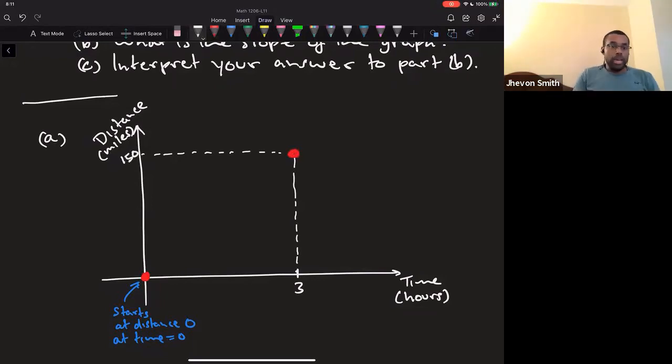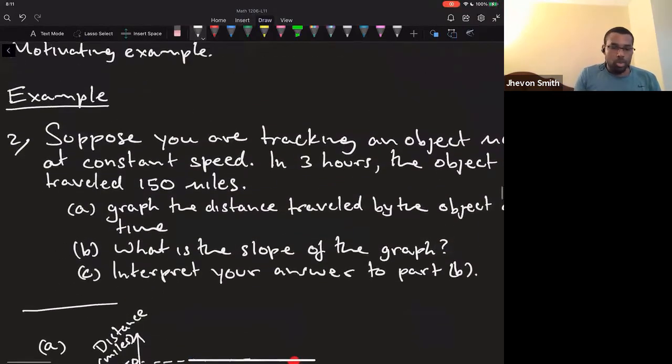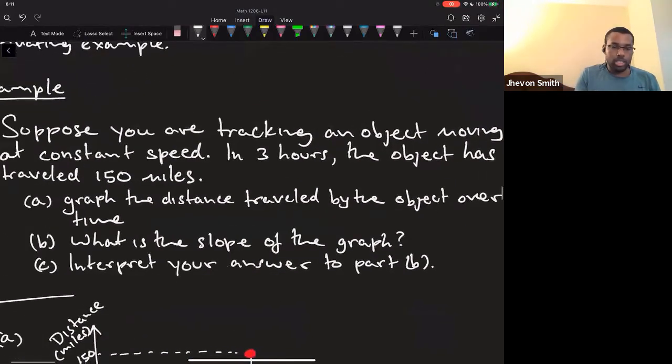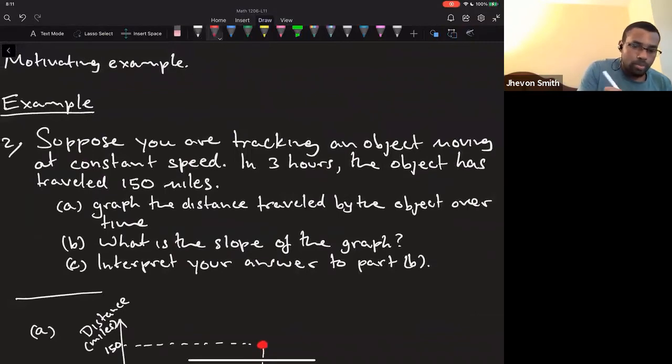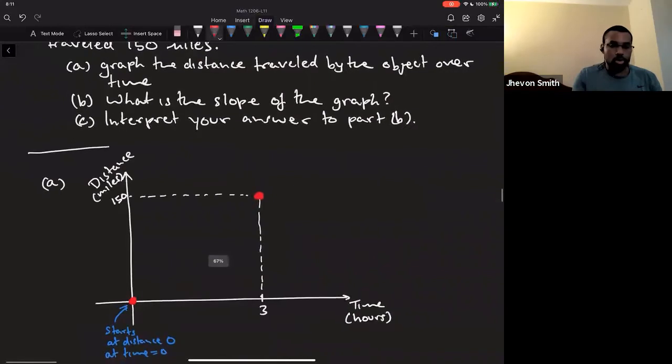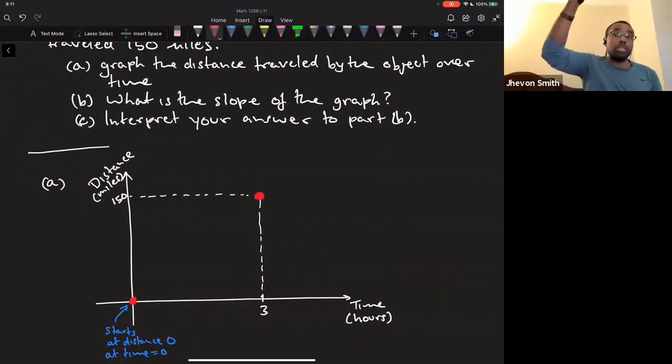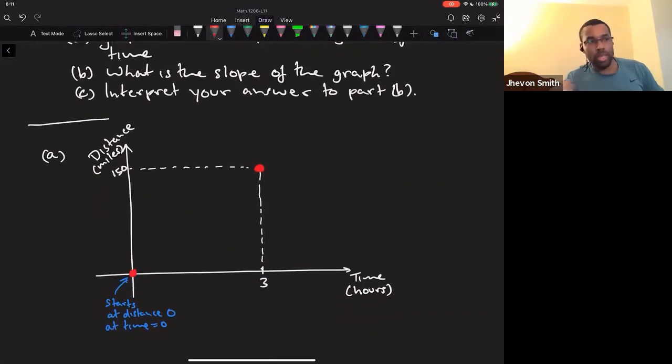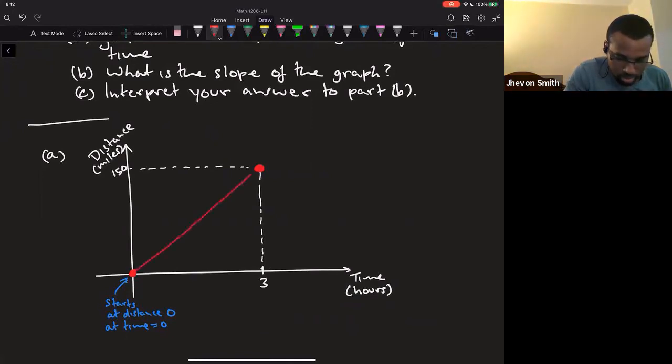Now, we're told that it's moving at constant speed, right? Which means it's not speeding up, it's not slowing down. So we're not expecting it to cover more distance at some times and less distance at other times. So it has to travel in a straight line, right? Every time the clock moves a second, it's the same amount of distance it's traveling. So the graph of this would have to be a straight line.